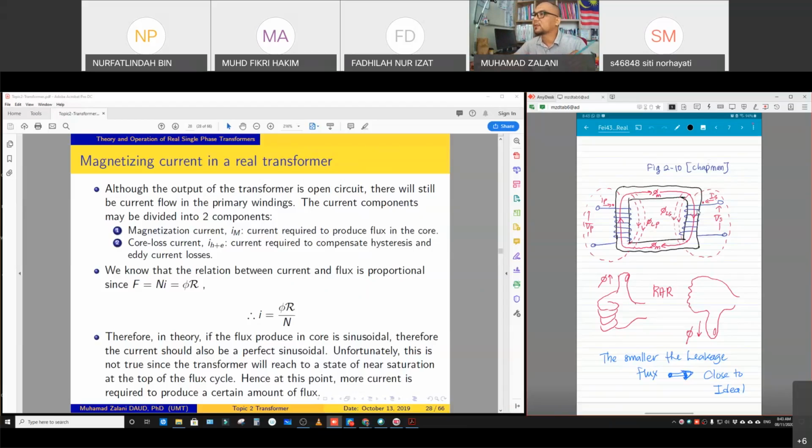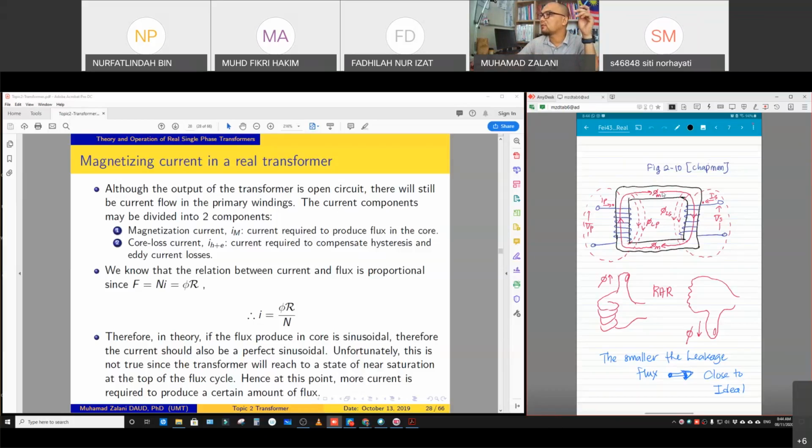Here we can use the right hand curl to define the direction of the phi. As you can see, the direction of the phi at the primary side is upward and then turns following the clockwise direction.